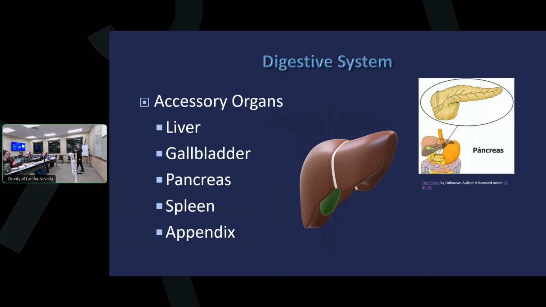The pancreas has a lot to do with our insulin release, so it deals with all of our insulin and glucose storage. Then we have our spleen, which stores our red blood cells, so that thing bleeds like crazy. And then we have our appendix. What quadrant is our appendix in? Right lower, yeah.